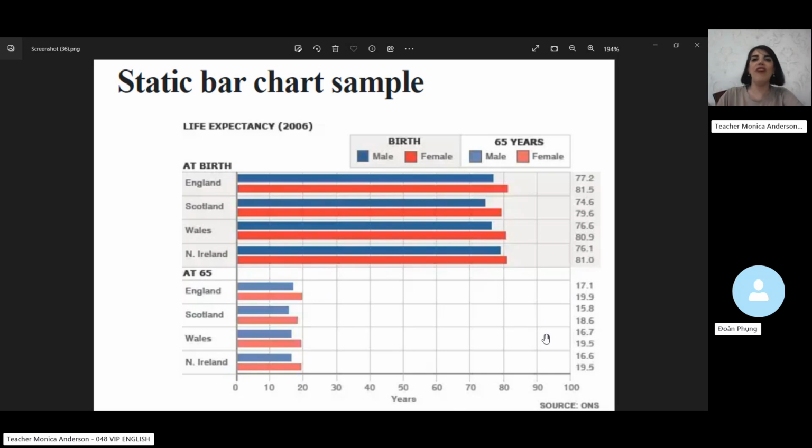Because we have 25 minutes, we need to keep going with the writing section, but because we started static chart, it's your choice how to follow it. Can you give me an example of a static chart?